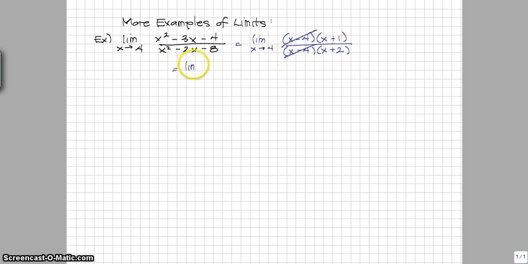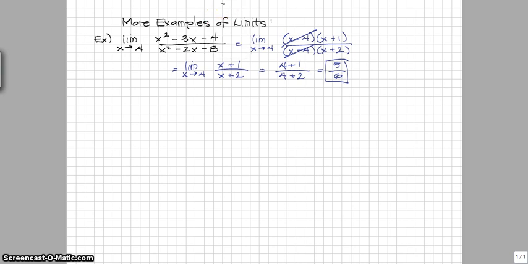Then this is equal to the limit where x is approaching 4 of x plus 1 over x plus 2, which is 4 plus 1 over 4 plus 2, which is 5/6. So once we get an idea of where we're going, an example like that works out pretty quickly.